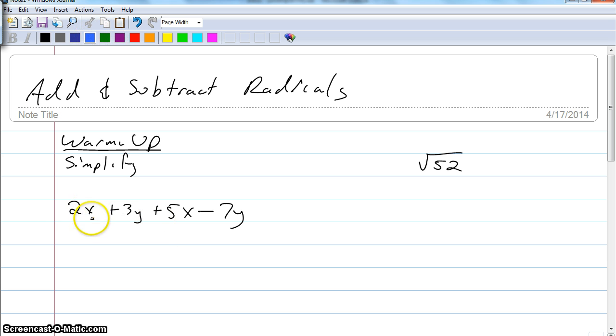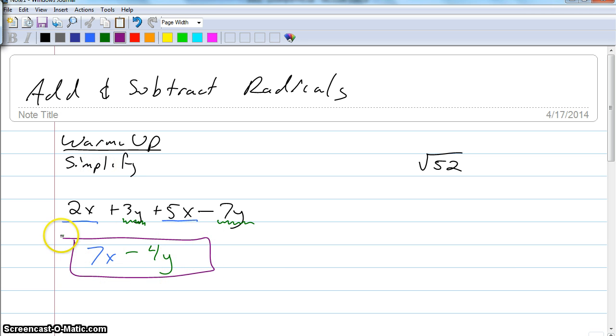All right, so back here, if you're combining like terms, you got x terms and you got y terms. So you combine like terms, you get 2x plus 5x is 7x. 3y minus 7y is negative 4y. So this would be your final answer, 7x minus 4y.